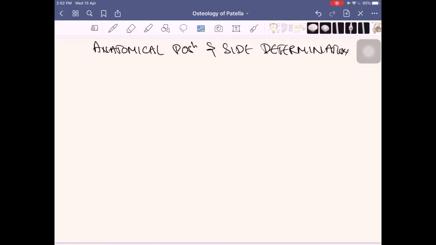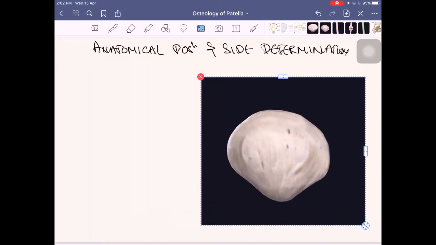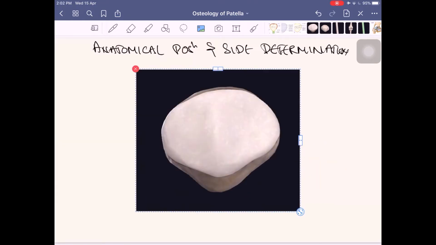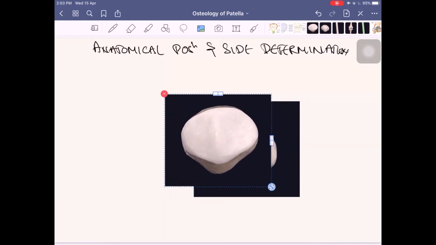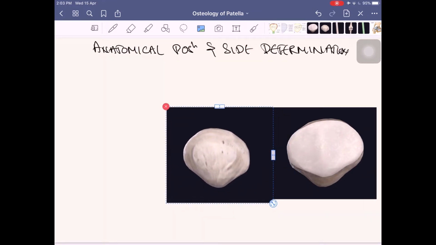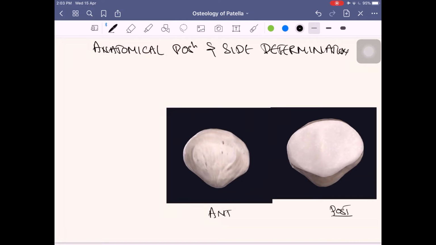Now we'll bring the bone back again, both the surfaces. So this one is your anterior surface, this is the posterior surface.